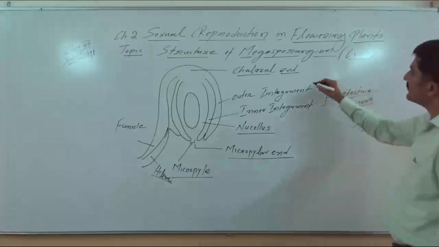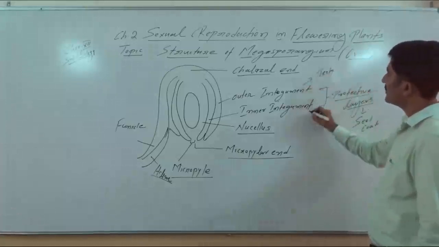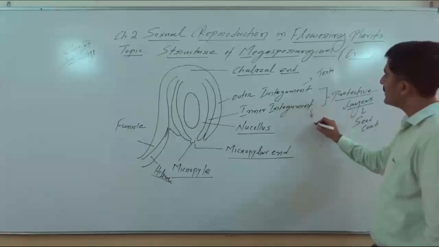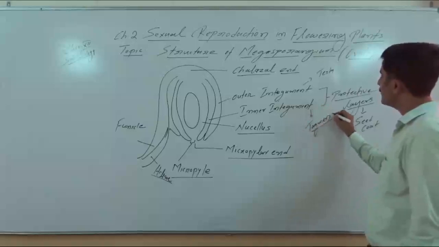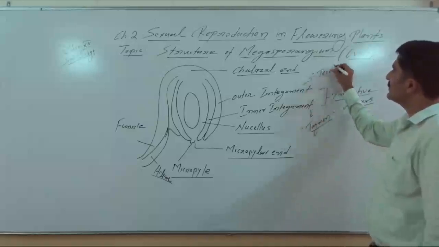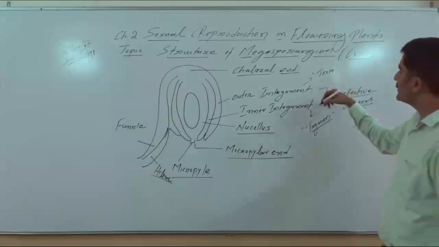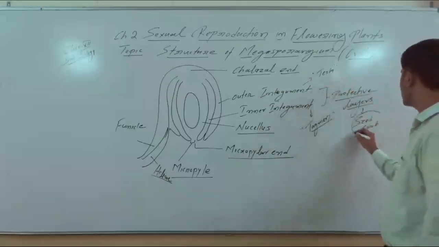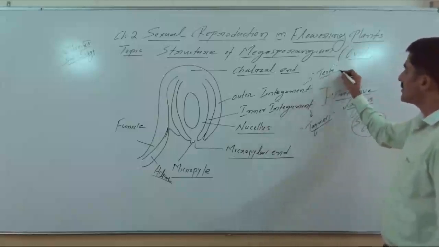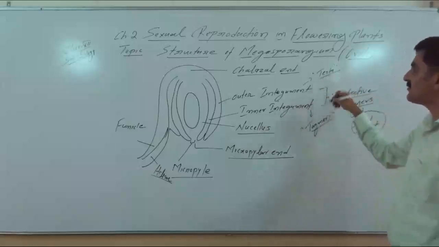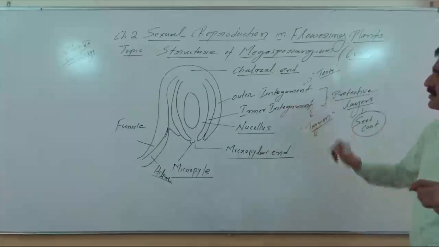Outer integument will develop into testa, and inner integument will develop into tegmen. So please remember, during development of seed, outer integument and inner integument together make the seed coat: the outer seed coat is testa, and the inner seed coat is tegmen. So development of the seed coat takes place through the integuments.